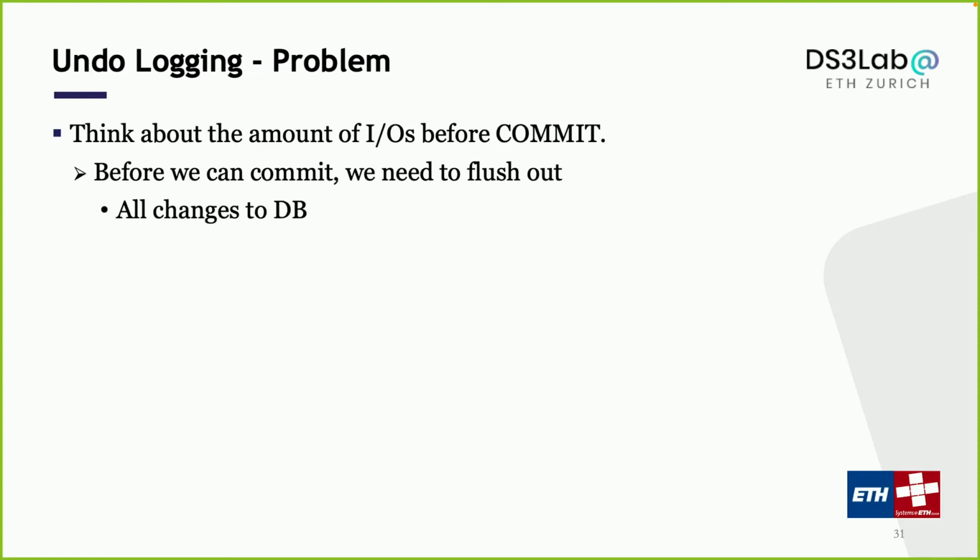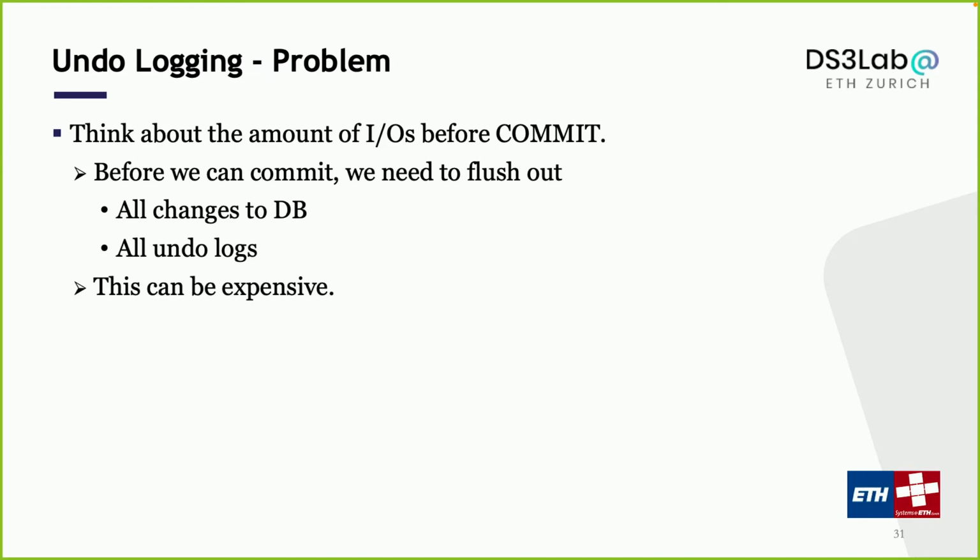We need to flush out all the changes that this transaction tried to make on my database. And then also, I need to flush out all the logs. This is the amount of data movement that I need to do before I can commit a transaction if I'm using this undo logging. This can be expensive.